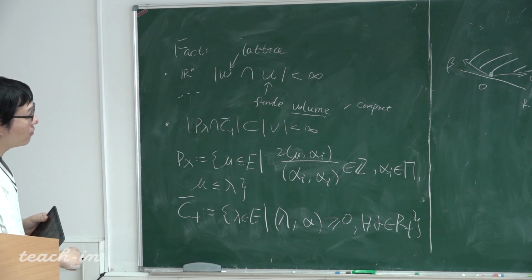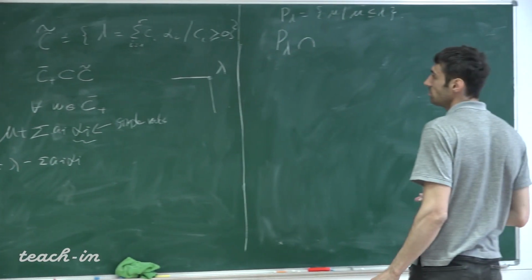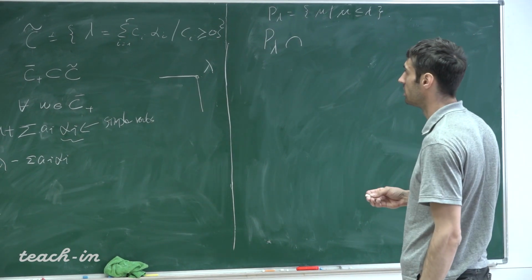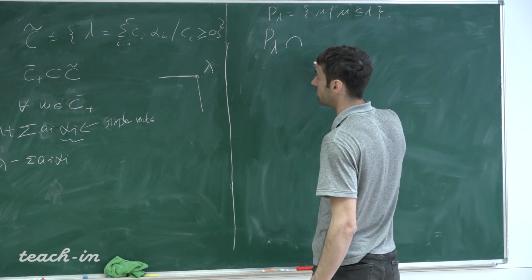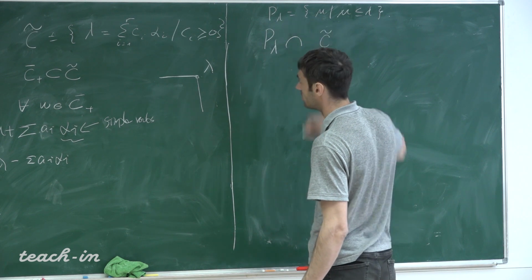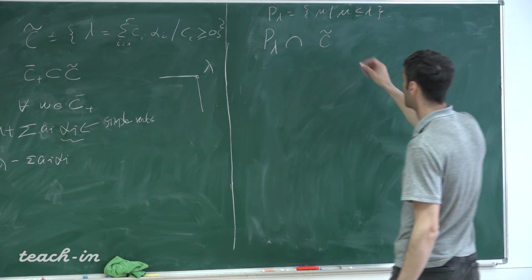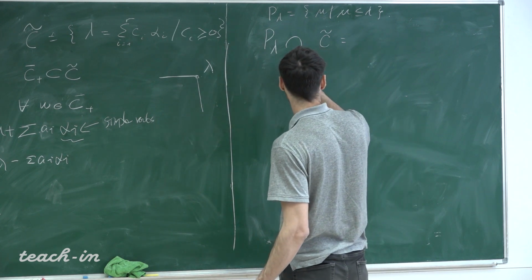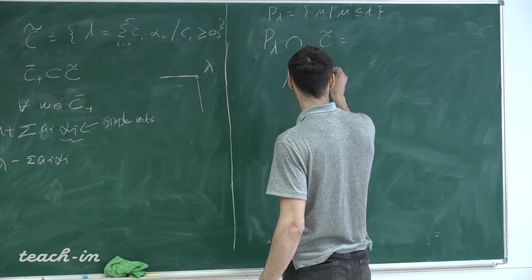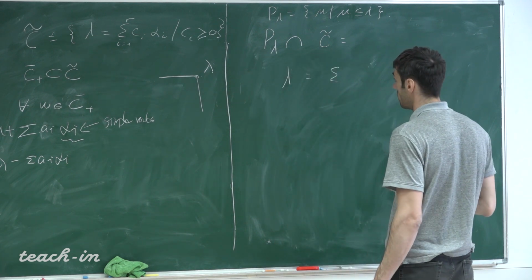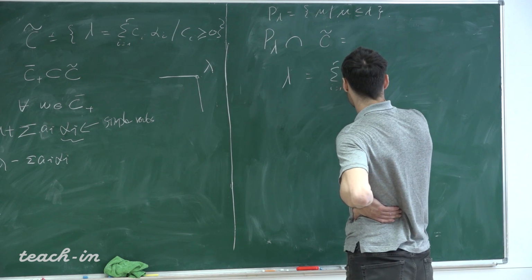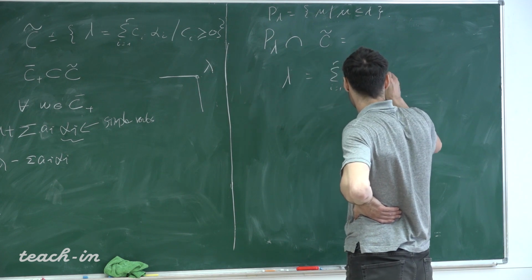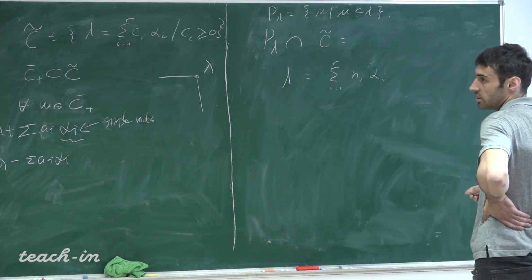Right, and then the intersection of P lambda with C tilde is what? So you have your lambda, it is the sum over i from 1 to r of some N_i alpha_i, right?